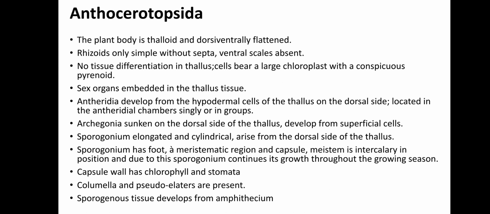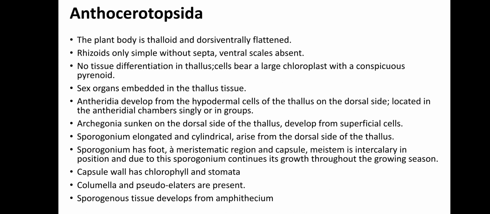Sporogonium has a foot, a meristematic region and a capsule, that means a true seta is totally absent. The meristematic region is intercalary in position, and the sporogonium continues its growth throughout the growing season.